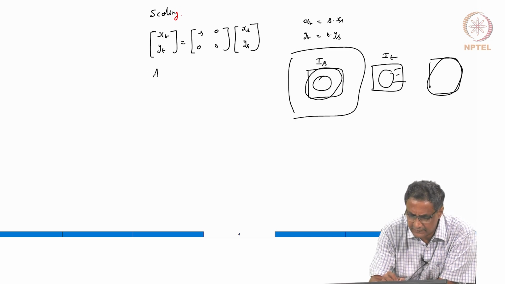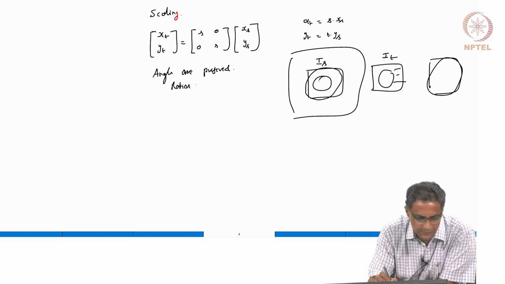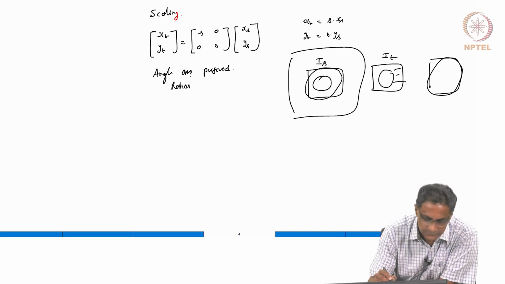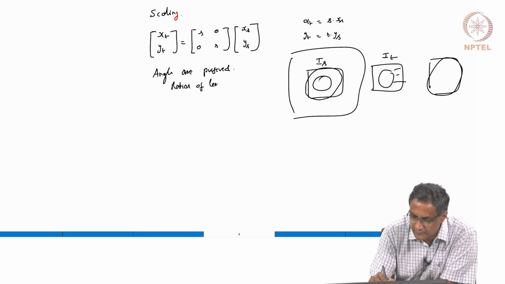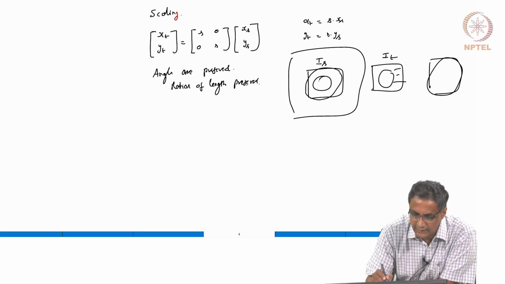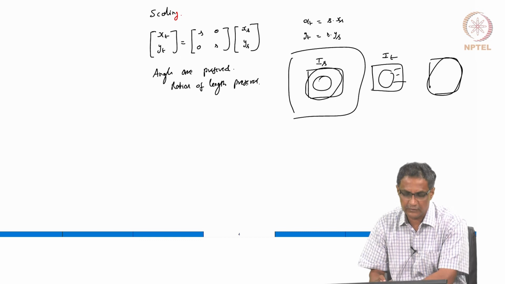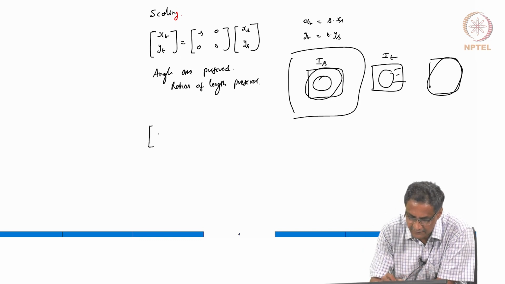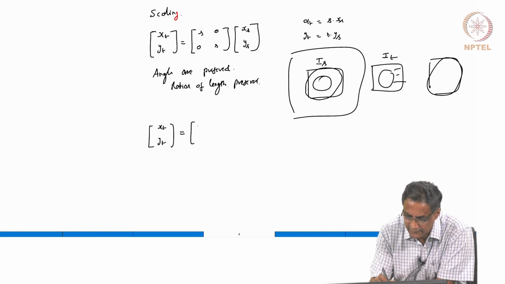Okay, now with uniform scaling, when you scale, angles are preserved, but not the lengths. But the ratios of lengths are preserved. The combination of this is what is called a similarity, in the sense that you can have xt, yt with scaling and a rotation.